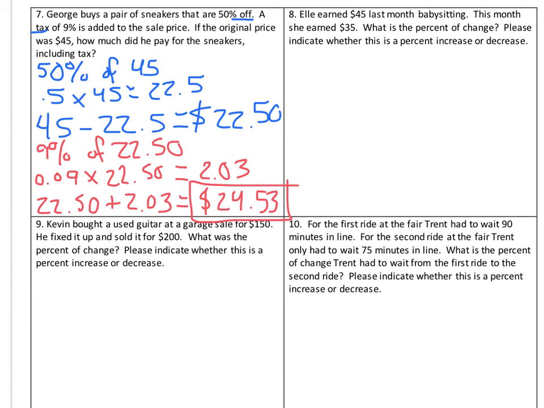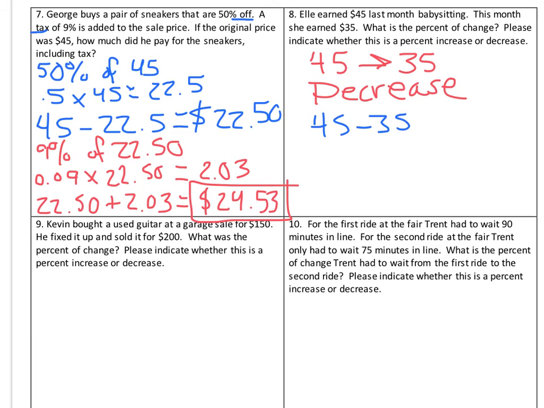Number 8. Ellie earned $45 last month babysitting. This month she earned $35. What is the percent of change, and indicate whether it's an increase or a decrease? Well, I'm looking at 45 going to 35. That is a decrease. And to set it up, I would subtract 45 minus 35 equals 10.